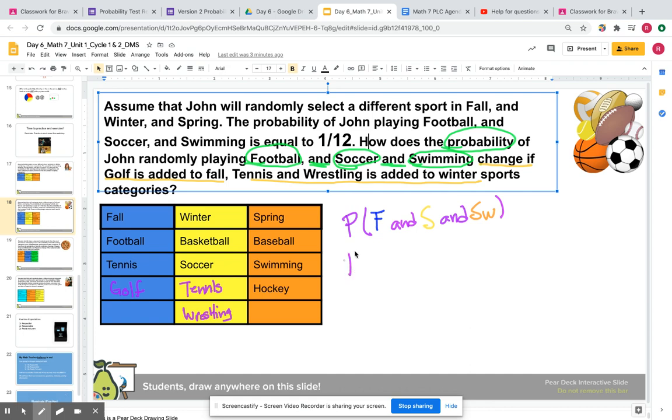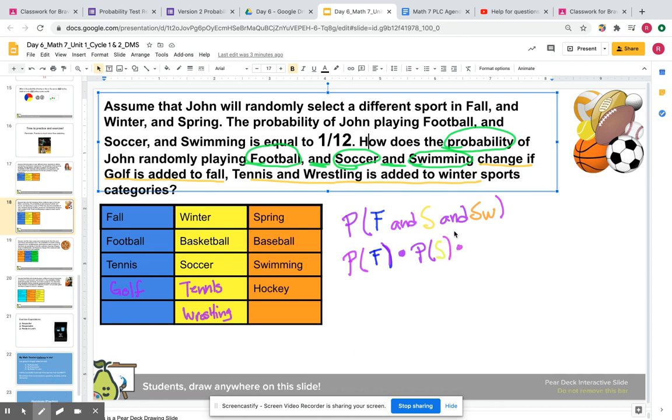So I'm going to go ahead and split up this setup. We're finding the probability of picking football randomly from fall. And we know that the word "and" means multiply. We're looking for the probability of picking soccer randomly, S for soccer.